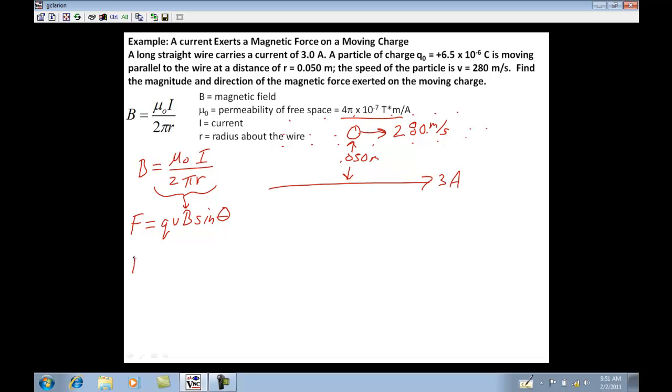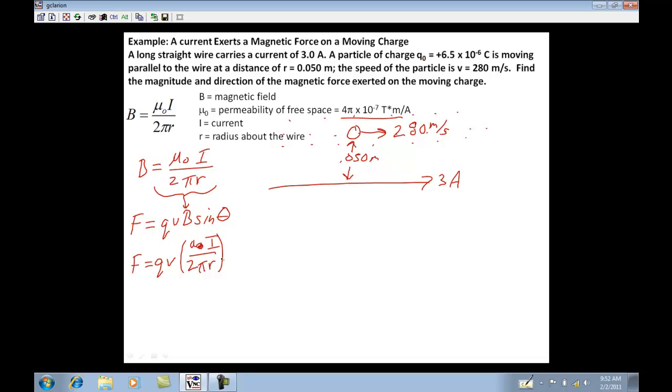My force is going to be equal to the charge that is moving, its velocity, and then I plug in the magnetic field, which I calculate using this equation, mu sub 0 I over 2 pi r. So it's really important to know what to plug in. Times the sine of theta, and that'll just be the sine of 1.